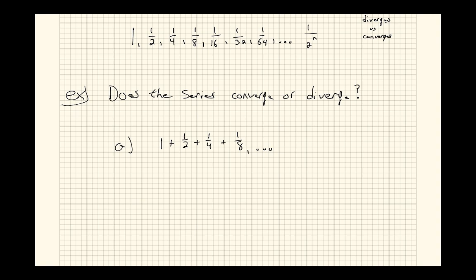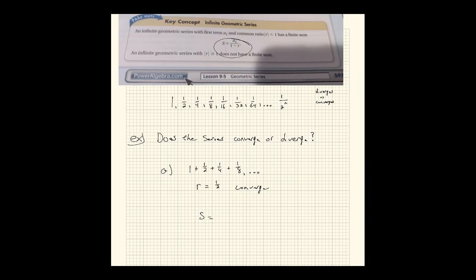Well, what's the common ratio between each term? What am I multiplying by? What is r? From 1 to 1/2 to 1/4 to 1/8, you are multiplying by half. So if r is 1/2, that means this is going to converge. We can actually find its sum using this formula.